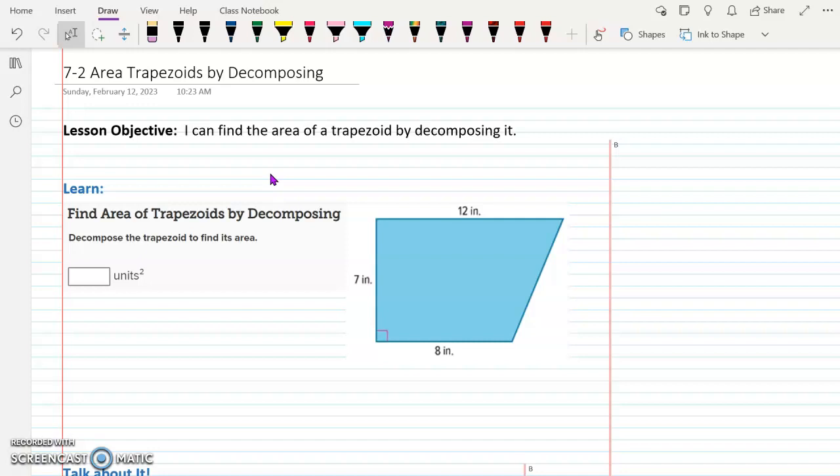In today's lesson, we're going to look at finding the area of trapezoids. In particular, we're going to look at how we decompose a trapezoid to find the area. Decomposing just simply means to break it apart.